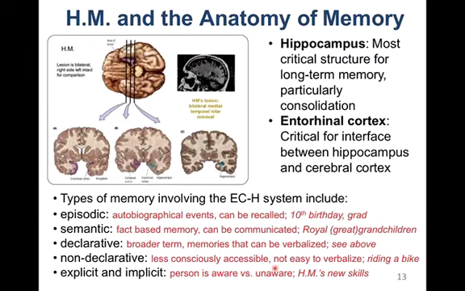And then explicit and implicit, being aware of what you know versus unaware of what you know. And a good example is new skills that Henry Molaison learned after his surgery. And an example was he learned how to, how can I best explain this?